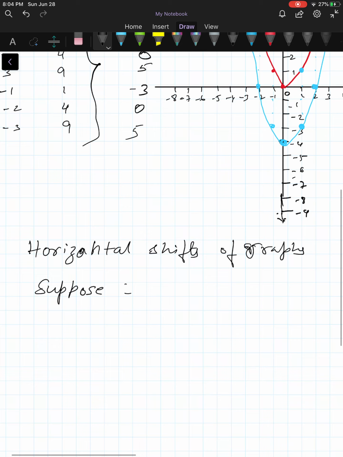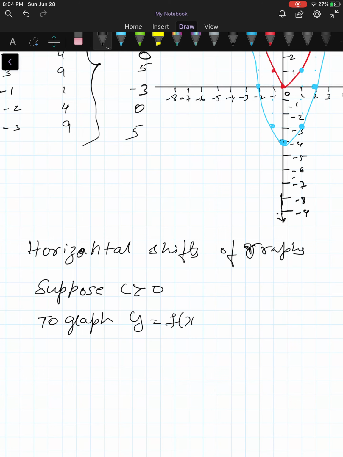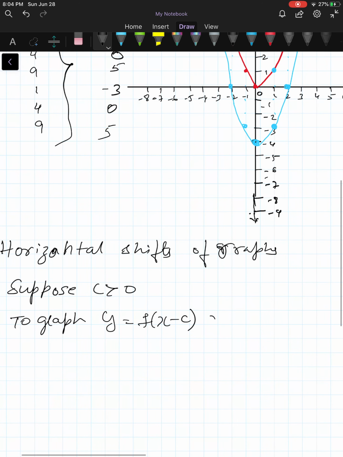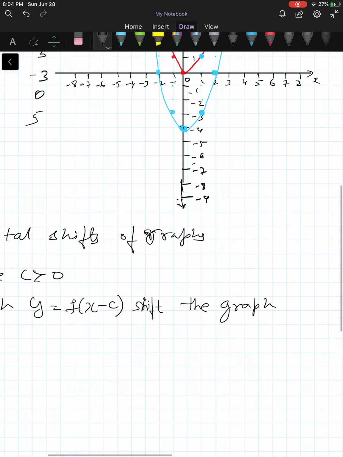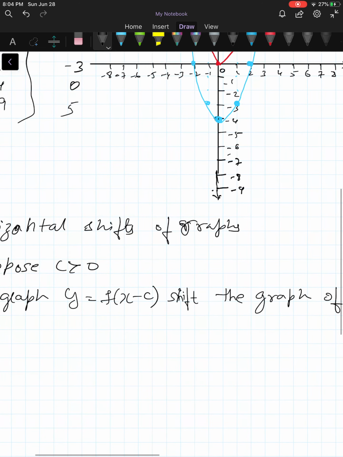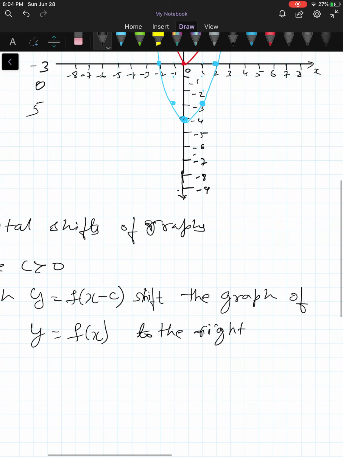Suppose c is greater than 0, and to graph y is equal to f of x minus c, shift the graph of y is equal to f of x to the right by c units.